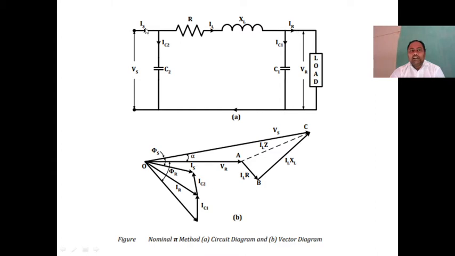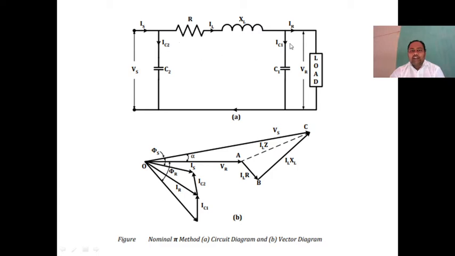The sending end current IS is the sum of IC2 plus IL. First remember these two points: the line current is the sum of IR plus IC1, and the sending end current IS is the sum of IL plus IC2.